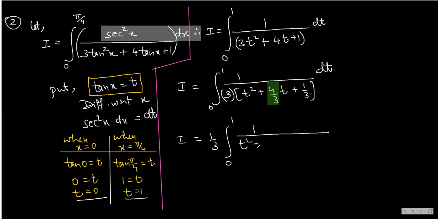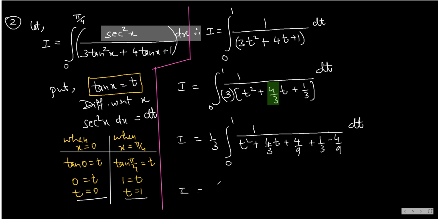So I get t square plus 4 by 3 t plus 4 upon 9 plus 1 by 3 minus 4 upon 9 and dt. What I did, I added and subtracted 4 by 9 so that I could get a perfect square. Now see, the first 3 terms get me the 3 terms of a square, perfect square.